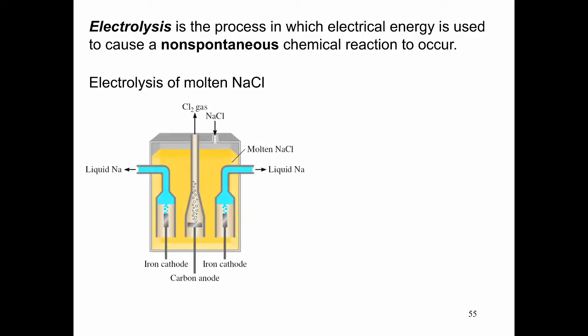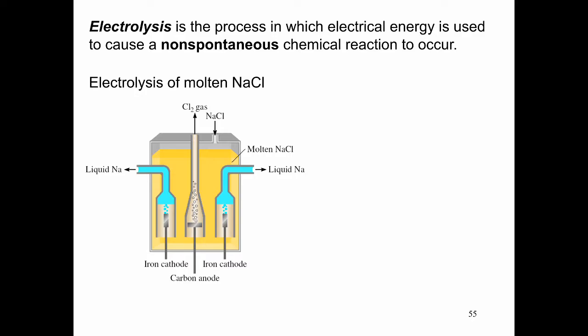You have a vessel of molten NaCl, and you have iron as the cathode. Now in a normal galvanic reaction, the anode would be iron and the cathode would be the NaCl, the sodium and chloride.